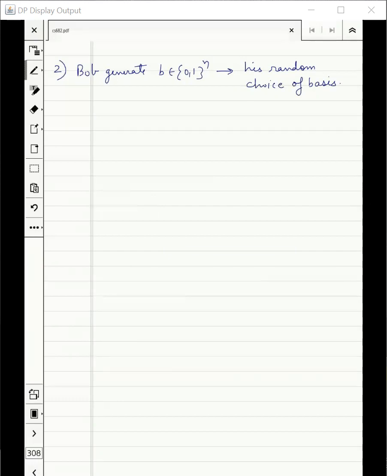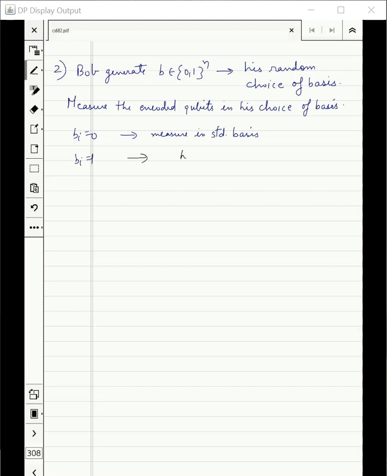And then measure the encoded qubits in his choice of basis. That means if Bi is equal to 0, measure in the standard basis. If Bi is equal to 1, then you measure in the Hadamard basis.